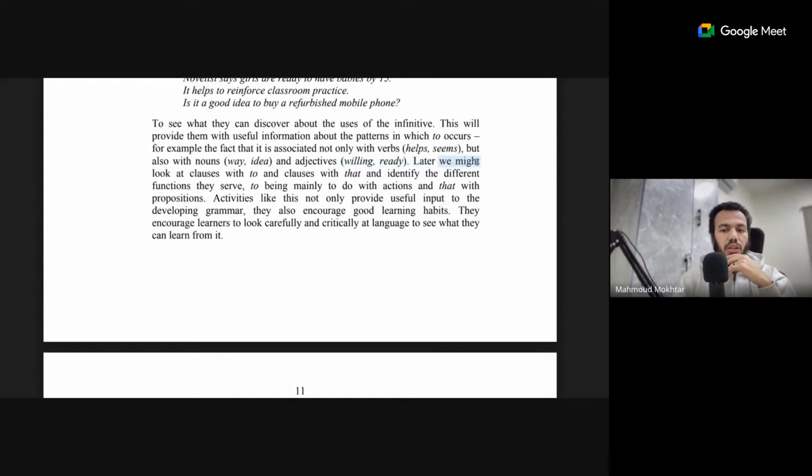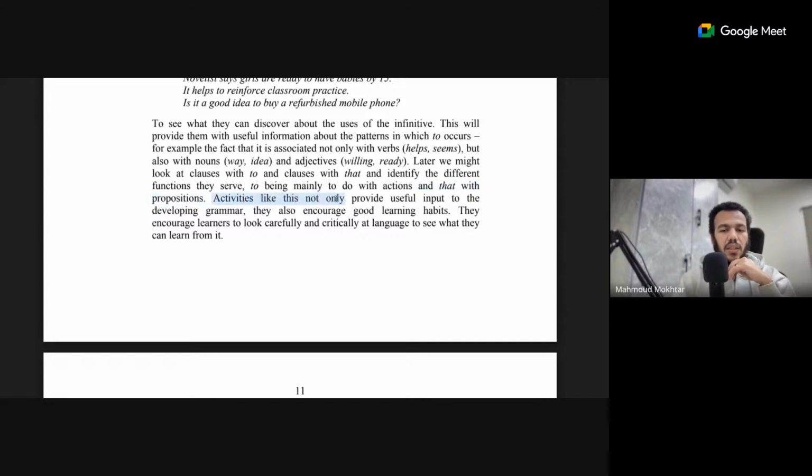Later, we might look at clauses with "to" and clauses with "that", and identify the different functions they serve: "to" being mainly to do with actions, and "that" with propositions.